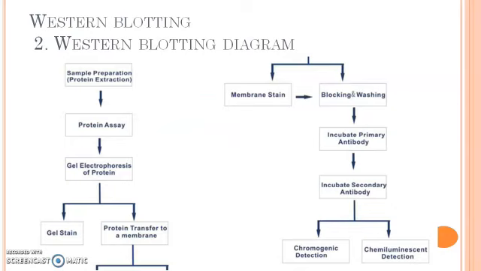So Western blotting, from a summary point of view, involves sample preparation associated with protein extraction, protein assay, running the proteins through gel electrophoresis, staining the gel, then protein transfer to a membrane, then blocking, washing, incubating with the primary antibody, followed by incubation with the secondary antibody, then chromogenic detection or chemiluminescence detection.